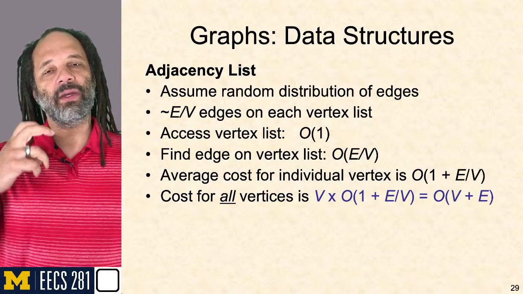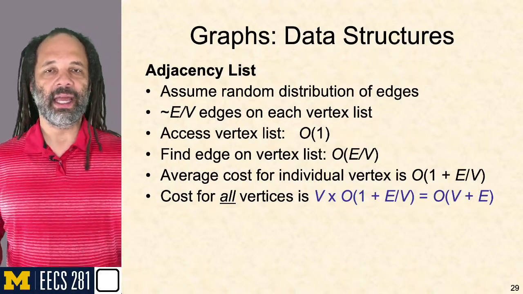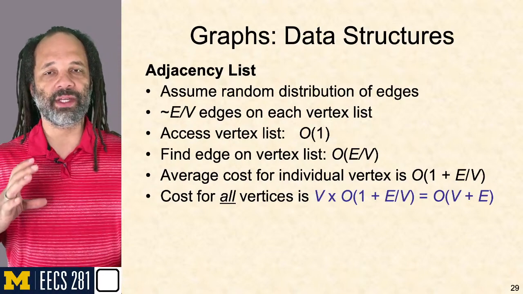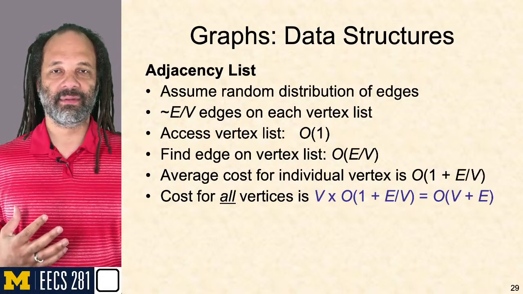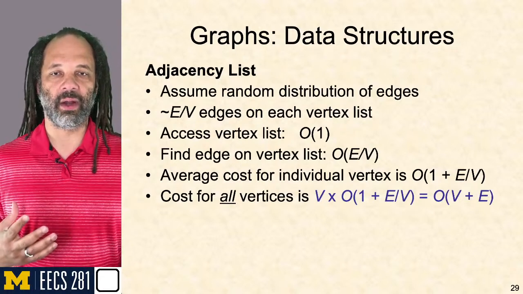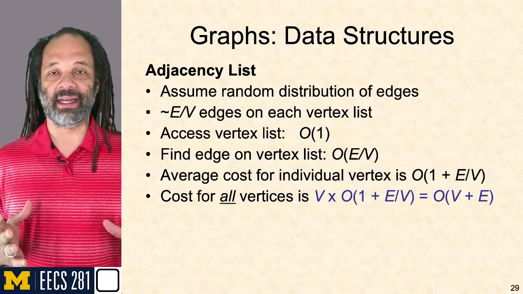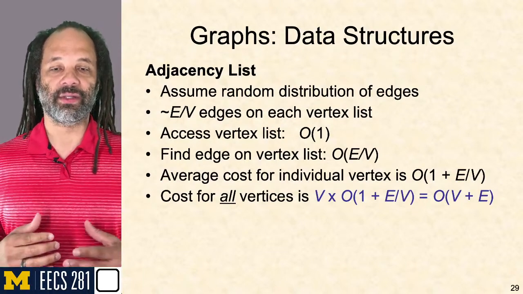So I'm going to use the adjacency matrix and the adjacency list in two different situations. I want to use the adjacency matrix when I've got a dense graph. Remember, the adjacency matrix is costing me this V squared. If I'm expecting to have most things connected, then I'm going to have about V squared edges.